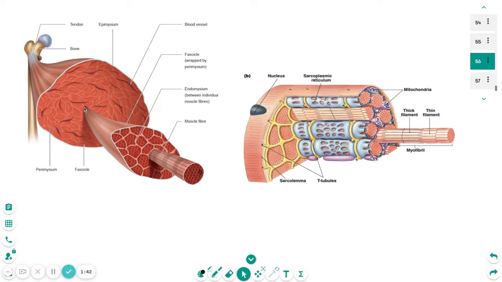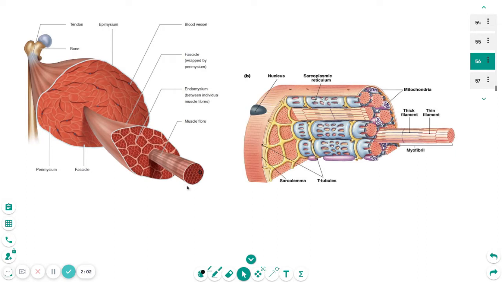And within that muscle, there's a fascicle, and within that fascicle, there are these long cylindrical looking features called muscle fiber. So our muscle is made up of a load of muscle fibers all stacked together.